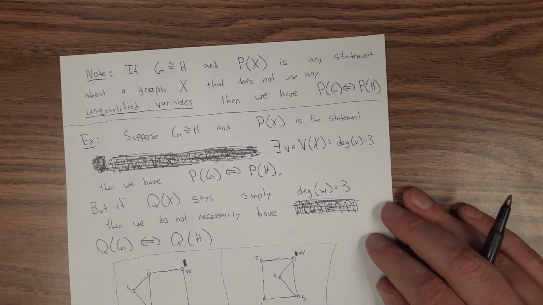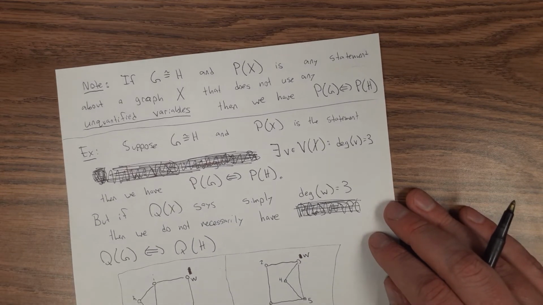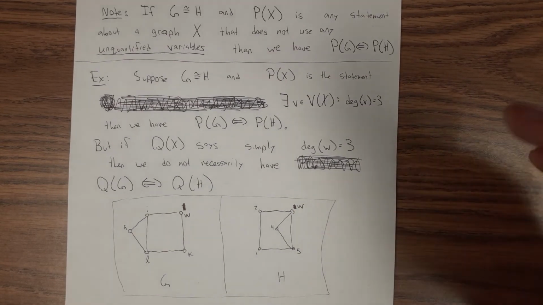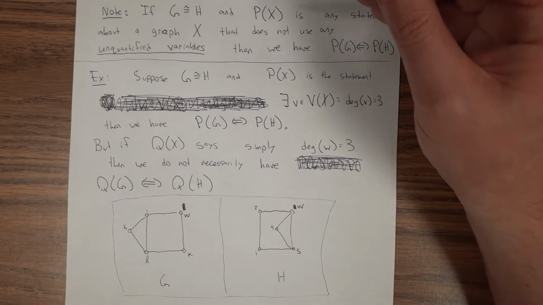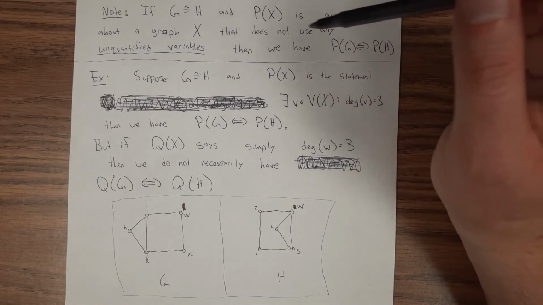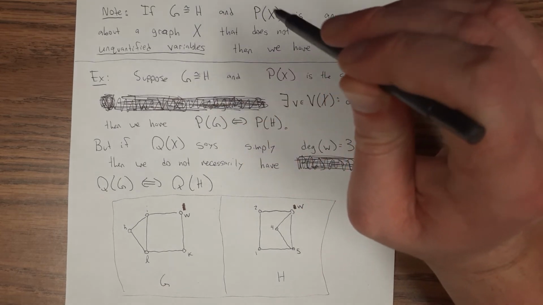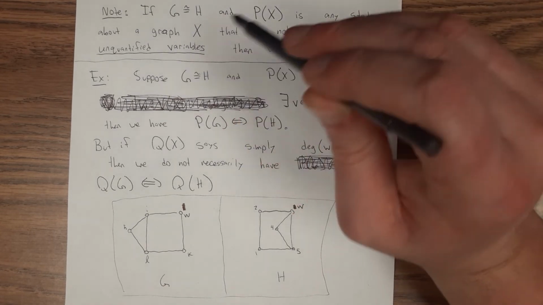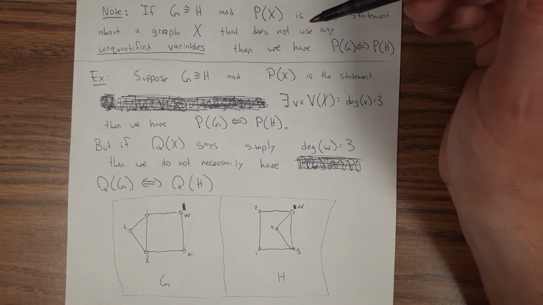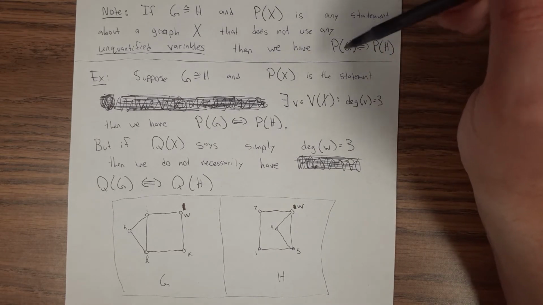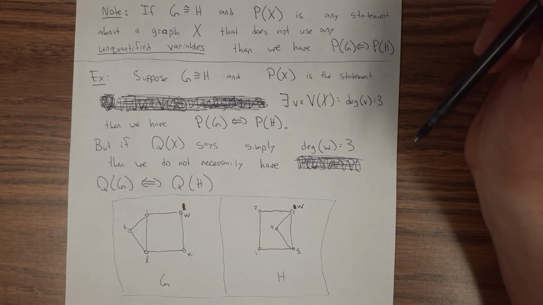So what I'm saying is that if P of X is a statement about a graph that doesn't use any unquantified variables, all the variables that appear in X or in P of X are quantified, then we have that P of G is true if and only if P of H is true.